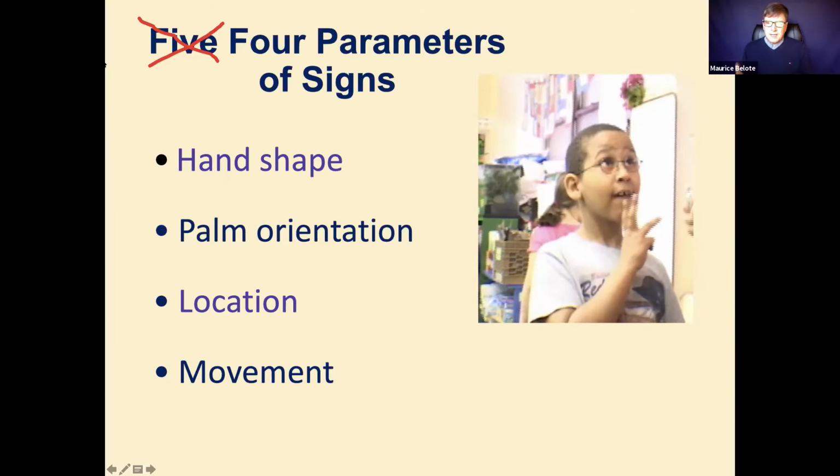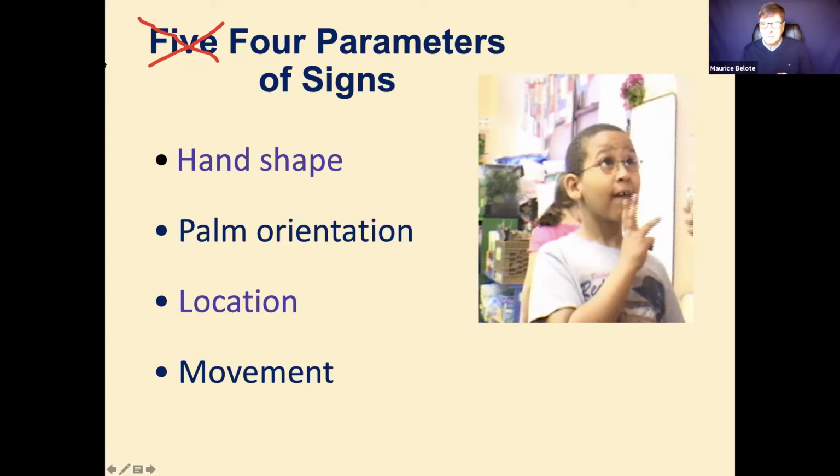So when we sign with children who are deafblind, some of the meaning that in ASL is conveyed through the face, and sometimes also through the upper body, that meaning has to get conveyed in some other way so that the child can understand.